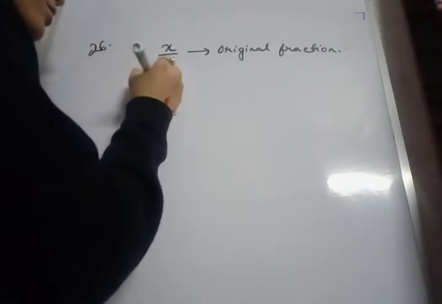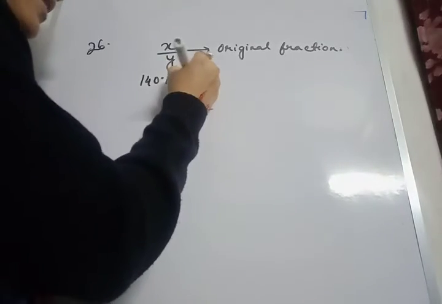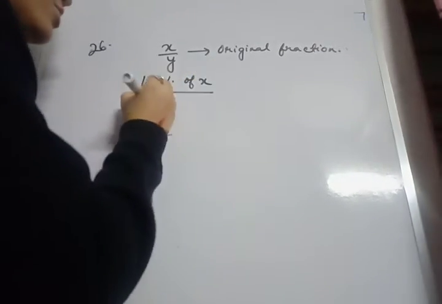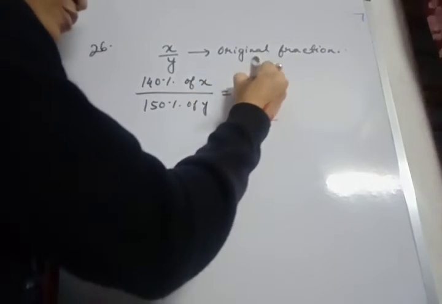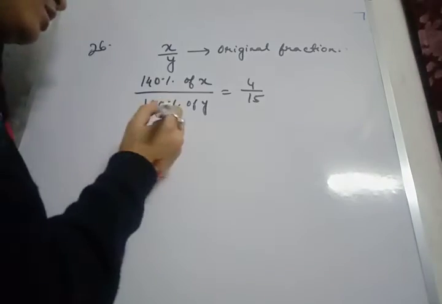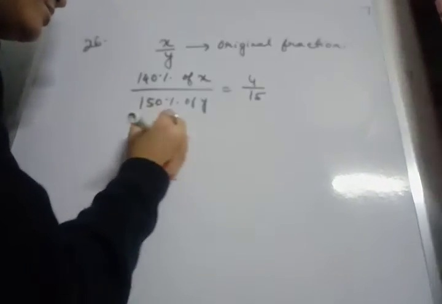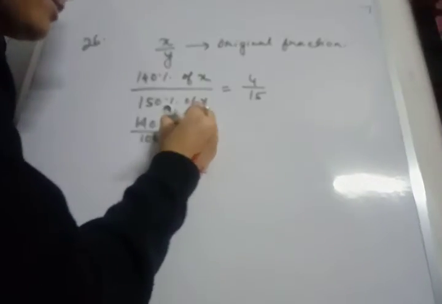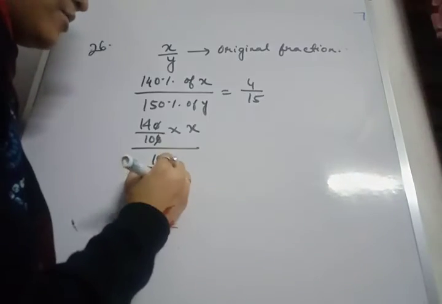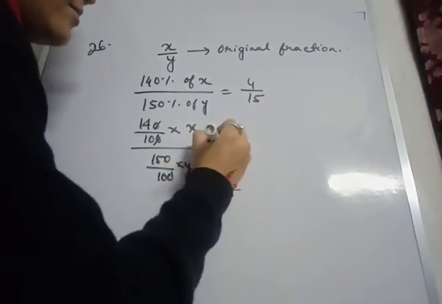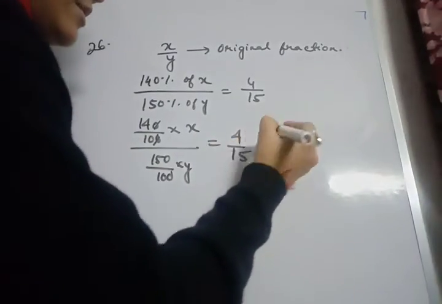So 140% of x by 150% of y, that's equals to 4 by 15. So 140 divided by 100 into x, 150 divided by 100 into y equals to 4 by 15.